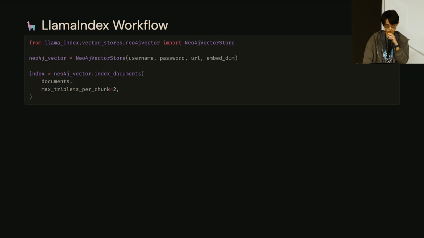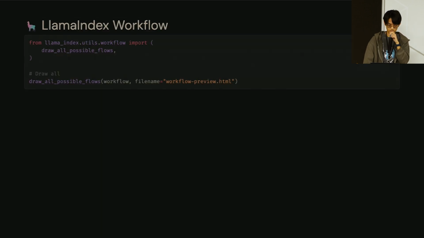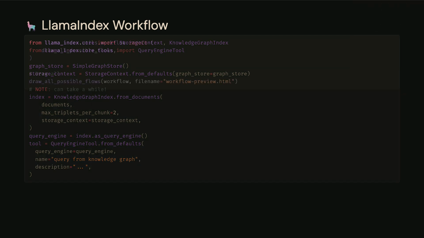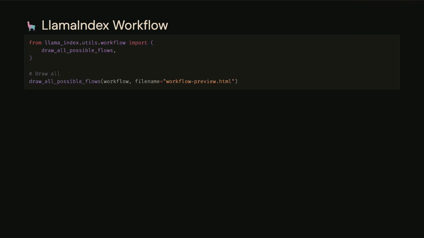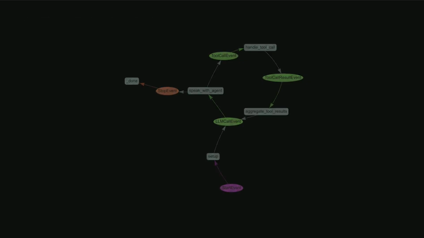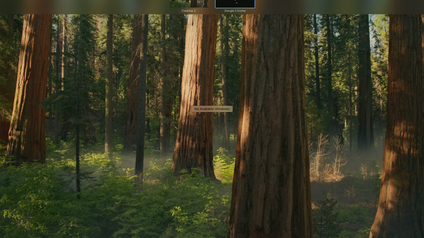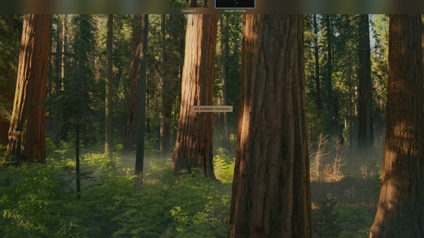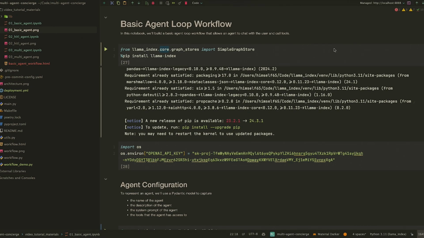Then you can define the tool with a Python type annotation. You can see here it basically generates the workflow, and let's check it in our PyCharm. Yeah, you can see here.